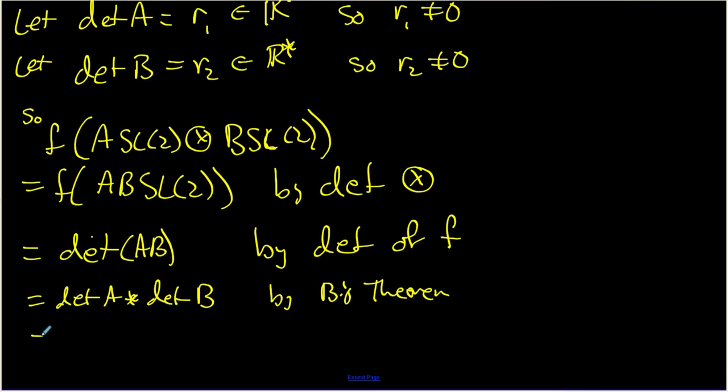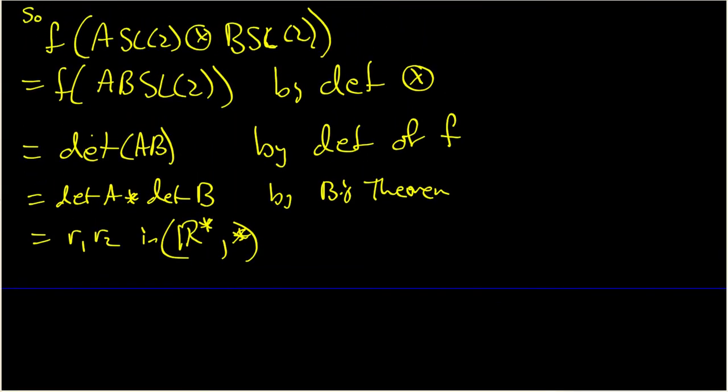And so we have this is indeed equal to R1 times R2 inside of the non-zero real numbers under their multiplication. Well, we can keep going. And this next step is going to kind of look silly, but I wanted to stress that this really is a multiplication of two real numbers. But let's keep going.